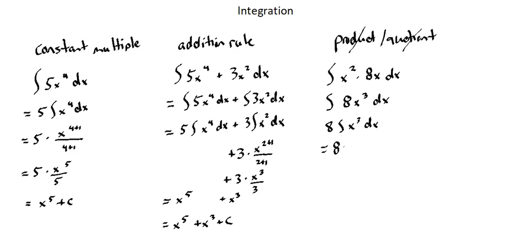This is 8 times x to the power of 3 plus 1 over 3 plus 1, which is 8 times x to the power of 4 over 4, which is 2 times x to the power of 4 plus c. So for product and quotient rules, there aren't product and quotient rules. You simply multiply and then integrate, or divide then integrate.